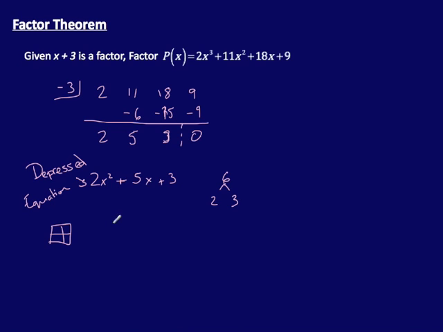I'm just going to throw them into my factors because I know what the factors are, and they are x plus 1 and 2x plus 3. So if I'm factoring this polynomial here, the factors are x plus 3, x plus 1, and 2x plus 3.